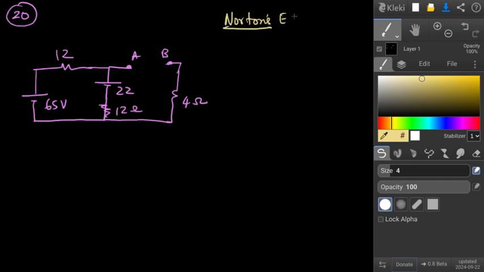The Thevenin's resistance is the same as Norton's resistance. So step one, find Rn, Norton's resistance or Thevenin's resistance. Both are the same. What you do is short circuit the voltage sources. I start with A, and I have 12 ohms here. This one is short circuited.